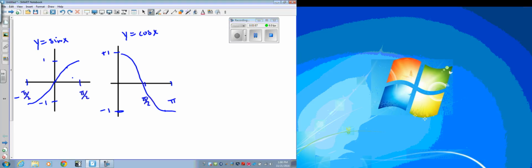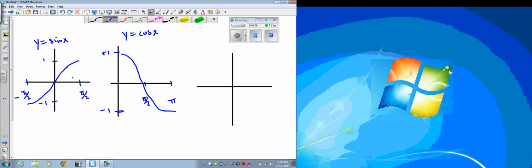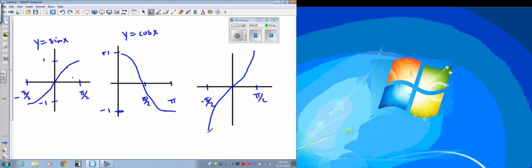And then tangent, I'm going to think about tangent. And this goes on and on up forever, and then at pi over 4 and a minus pi over 4.